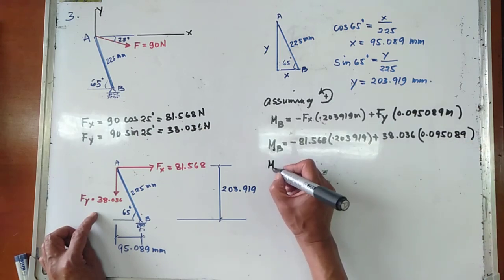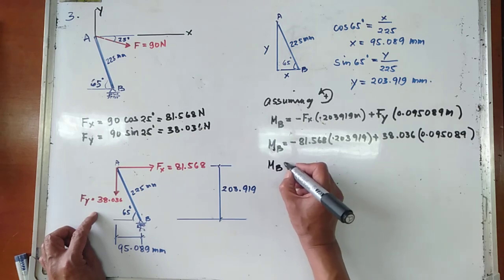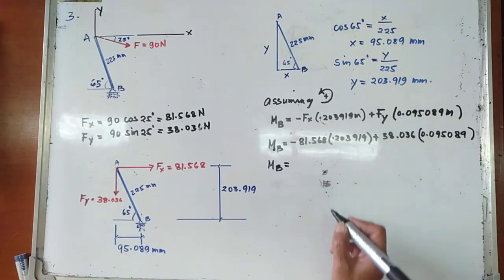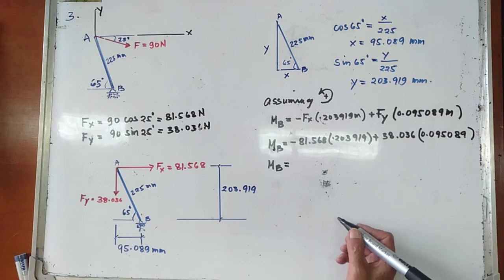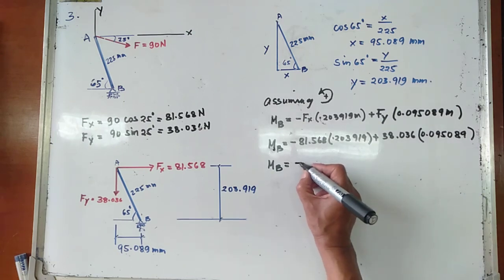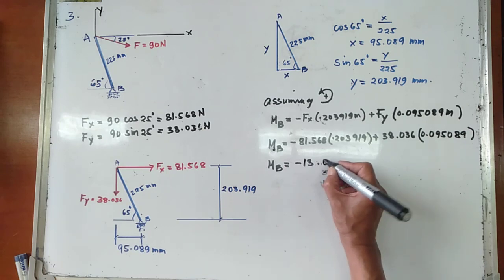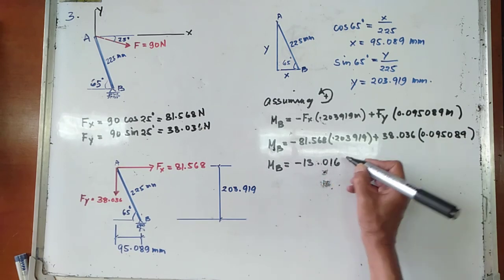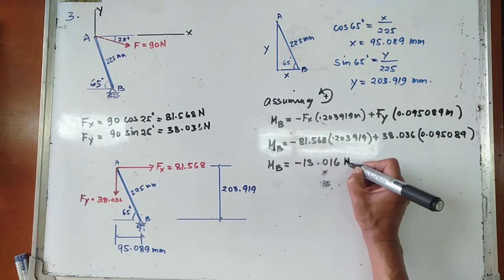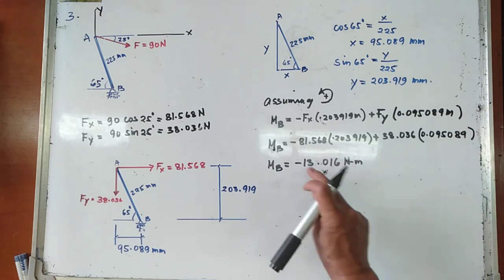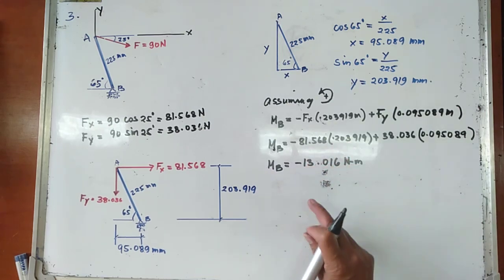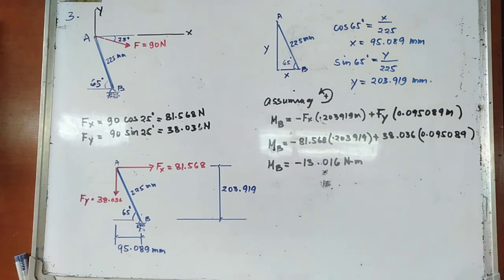Hence, the moment of the first F about point B is negative 13.016 Newton meter. That is in Newton, this is in meter, so we have Newton meter.